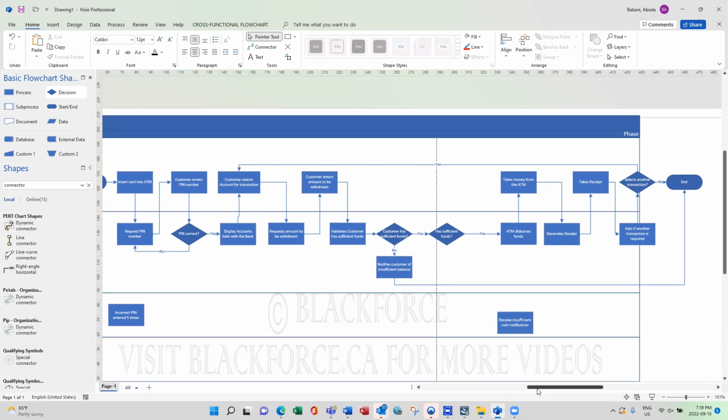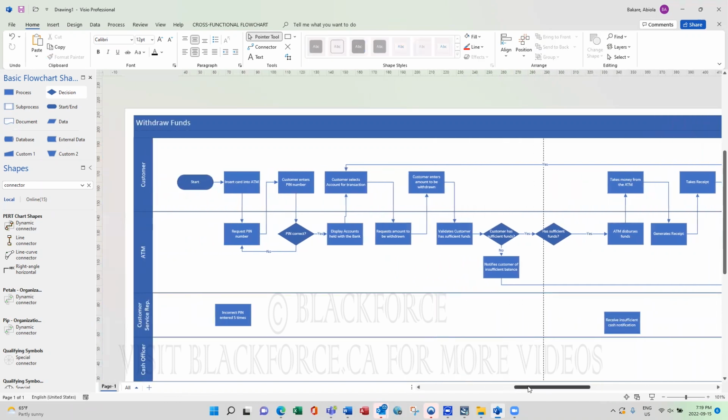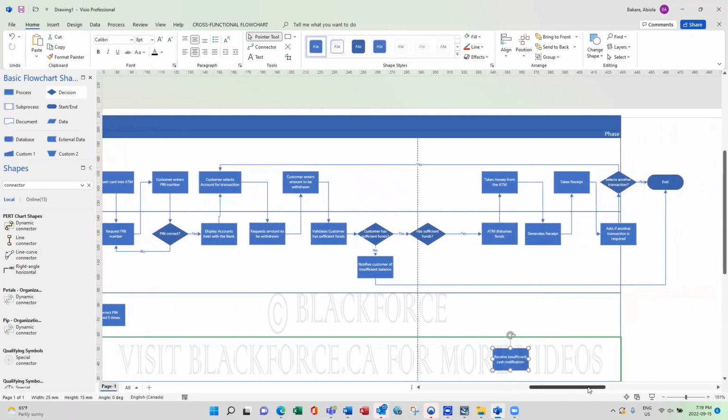And we're going to put that in the lane of the cash officer, because the cash officer is the one receiving it. And then what does the cash officer do? The cash officer loads the ATM machine with cash. Loads cash. Let's just keep it at that.